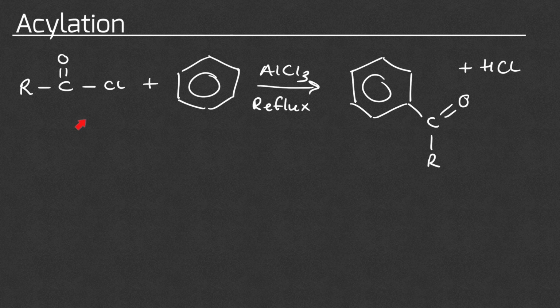If we react the acyl chloride, again the R group here can be any length of carbons, with benzene, using an aluminium chloride catalyst under reflux, we will form a phenyl ketone, so adding a ketone group to benzene, again R being however long the carbon chain was on the acyl chloride, and hydrochloric acid.